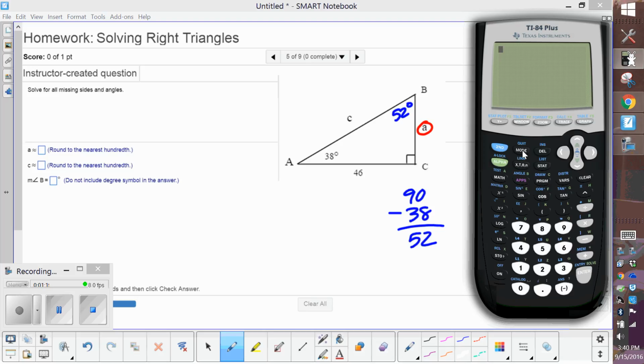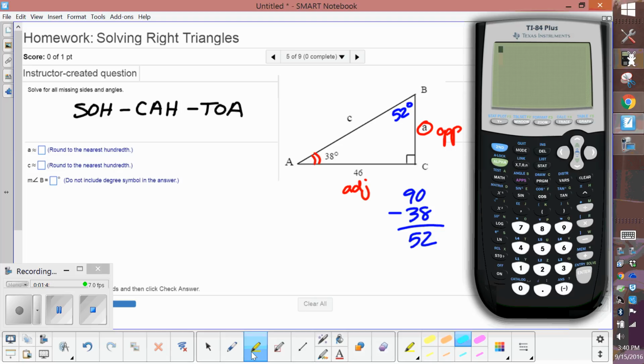I will identify little a from my reference angle. The angle they gave me is opposite, and the only other side I know is adjacent. From the acronym SOHCAHTOA, S-O-H, C-A-H, and T-O-A, which is the acronym we use for sine, cosine, and tangent, you'll notice the only one of the three that deals with opposite and adjacent is the TOA.